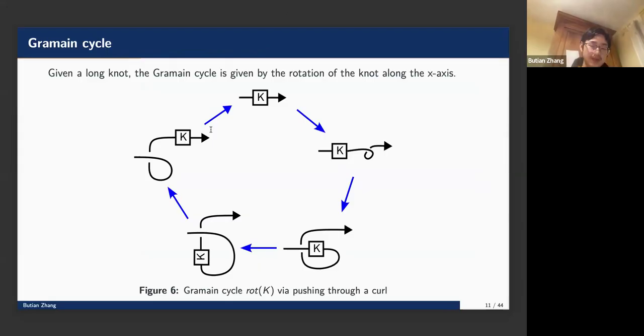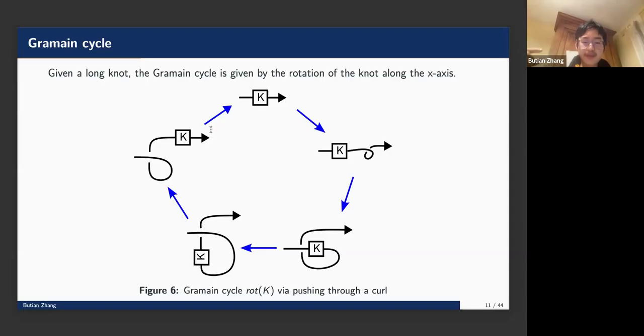Since we have a long knot, we can always do a rotation along the x-axis of that long knot. If we turn it one round, it will come back to the original position, and this forms a loop in the space of long knots. This is called the Gramain cycle or the Gramain loop.